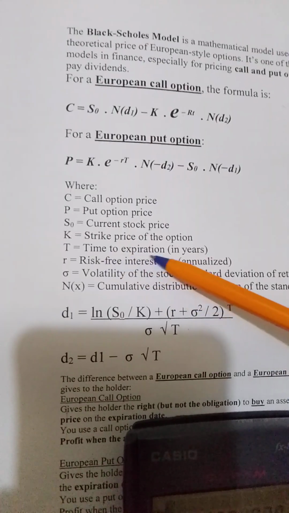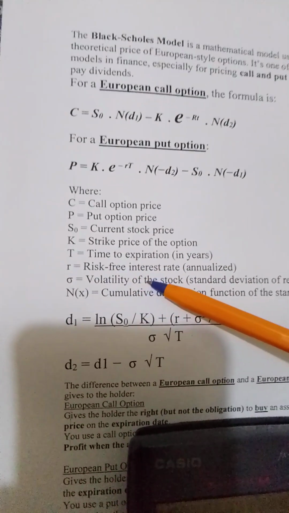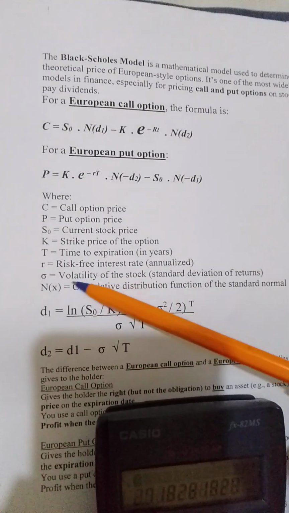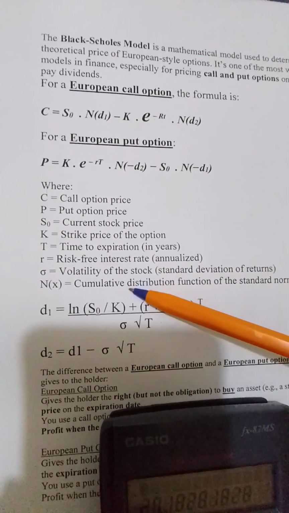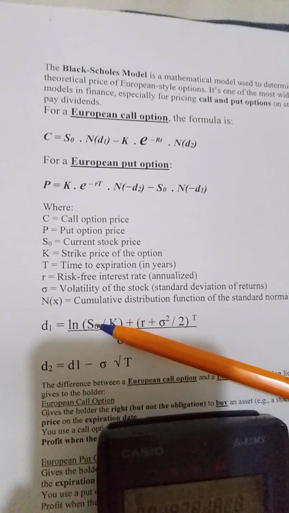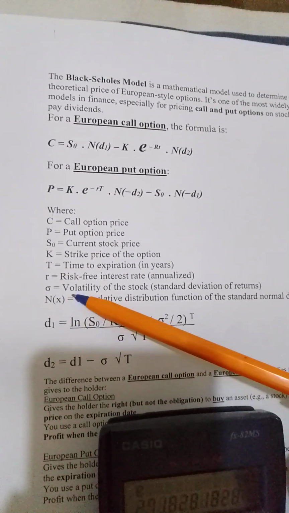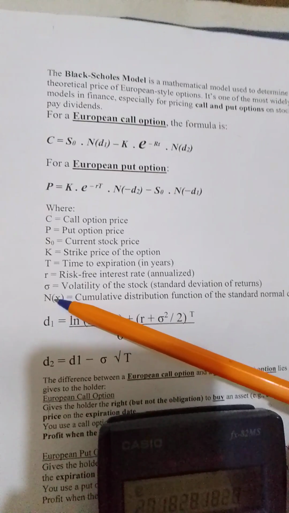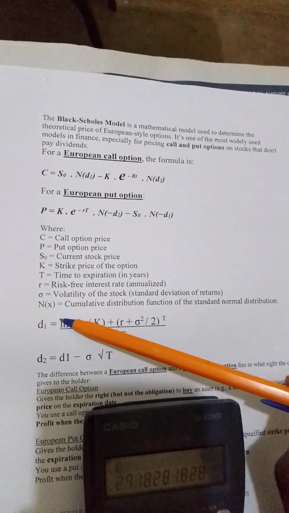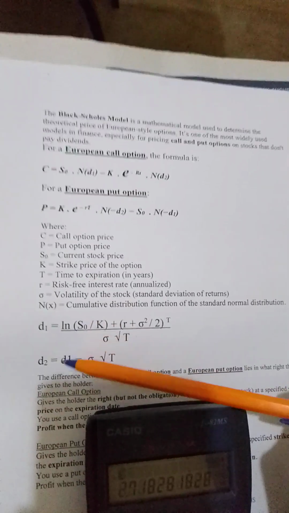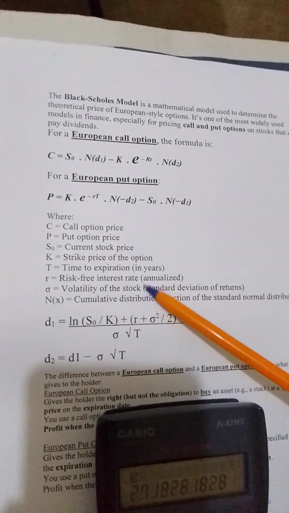T, time to expiration in years. R, the risk-free interest rate, that is per year. Then here we have the volatility of the stock, or the standard deviation of returns. And then D1 or D2, whichever.